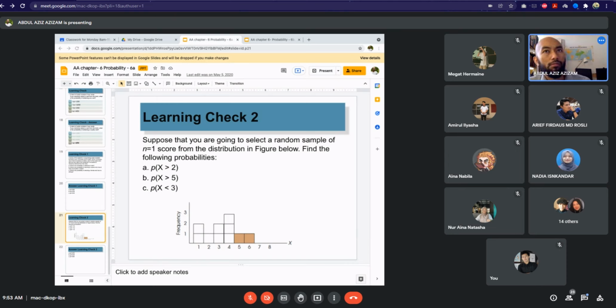Tapi di negara luar dia orang anggap ni bukan penyakit lah, macam special ability something like that. Dia bukan tak boleh cure, dia boleh cure, tak ada masalah.